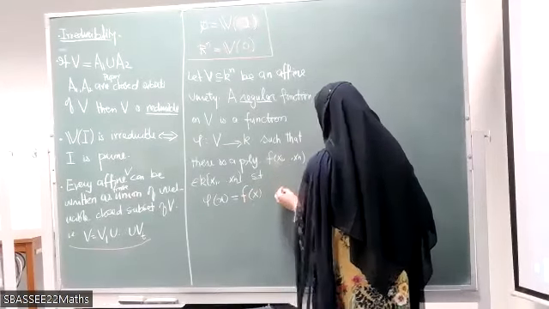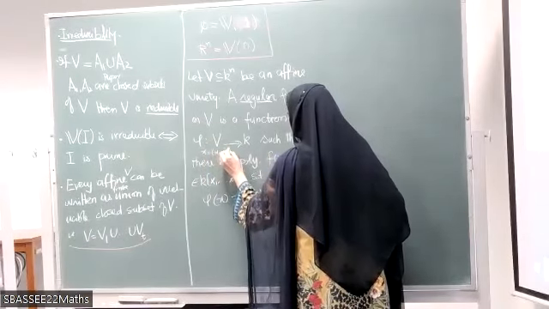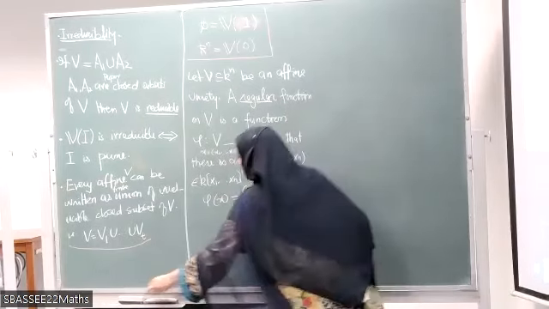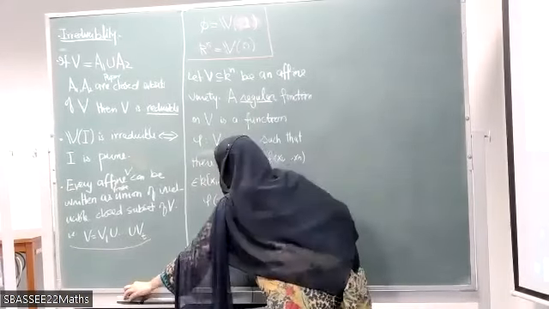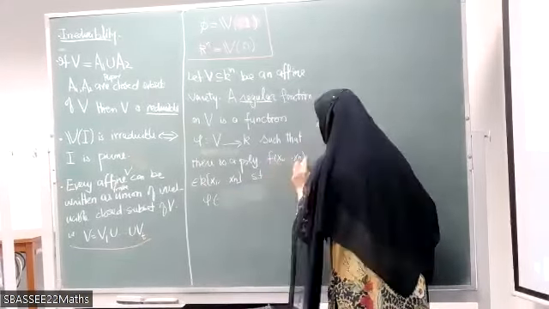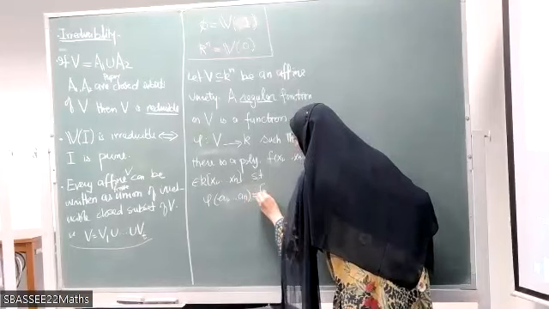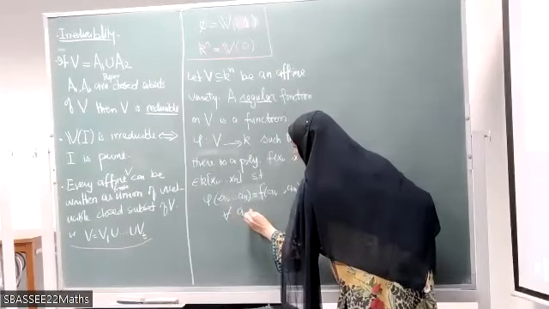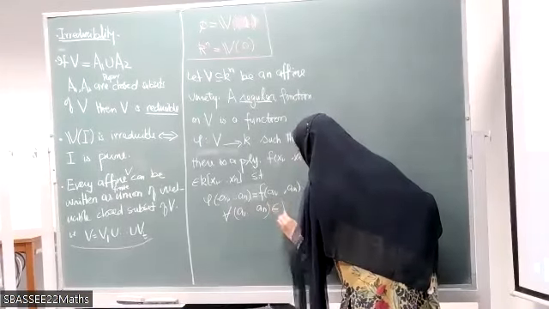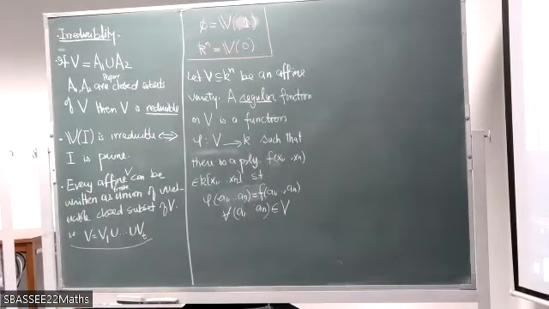So what is x here? Instead of x, let me write a1 up to an, because here I have written the indeterminates. So phi of (a1, up to an) is the same as f of (a1, up to an) for all points in V. Okay, which means that every regular function is just represented as a polynomial function.